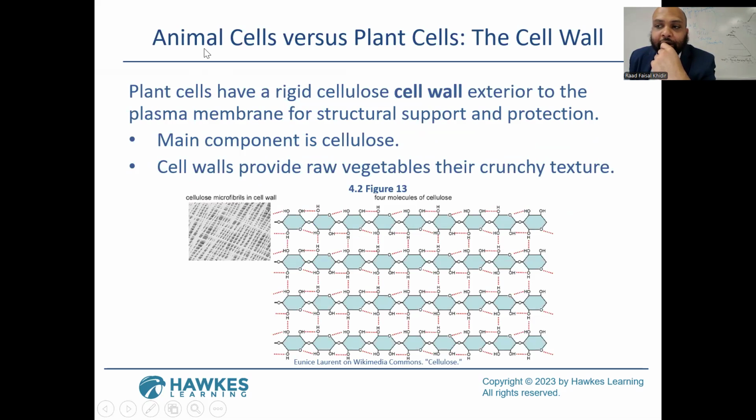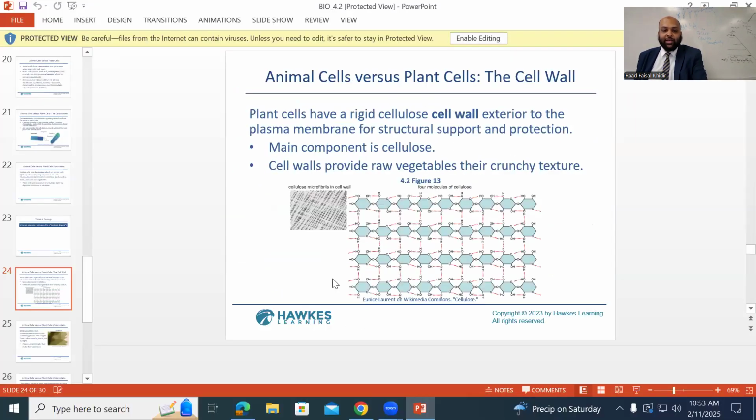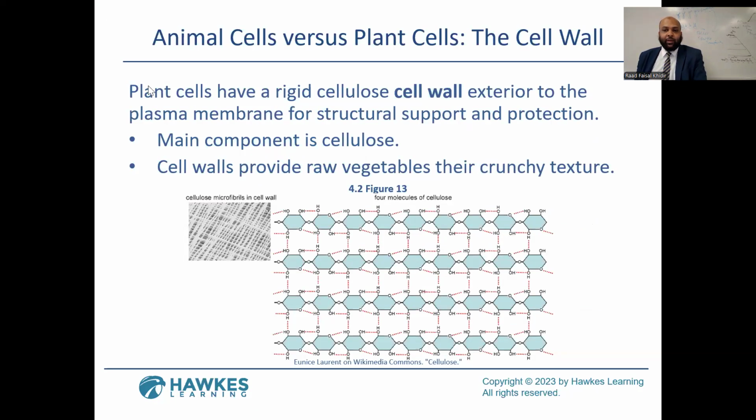Now, when you compare the animal cell versus the plant cell, you see that the plant cell has a cell wall, while the animal cell does not. And the main component of the plant cell wall is cellulose. From the name, cellulose is the main component of the plant cell wall.